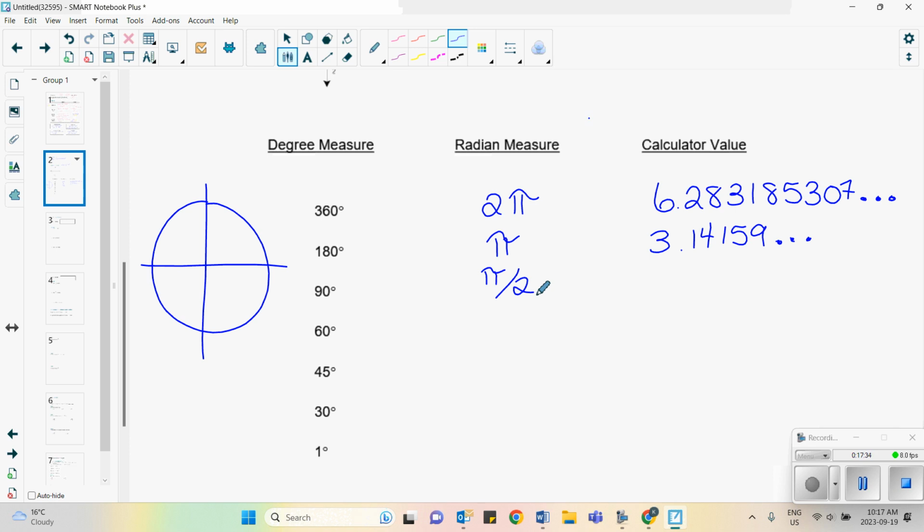Or 60 goes into 180 3 times, and 180 is pi. So 60 is pi over 3. You guys can figure that out on the calculator.